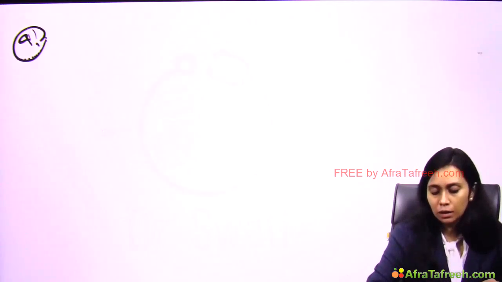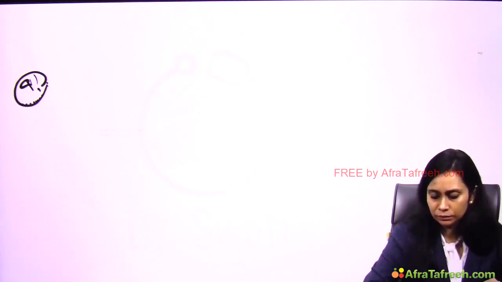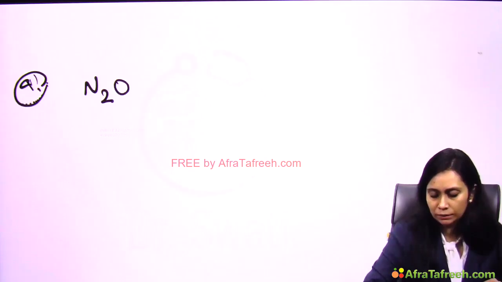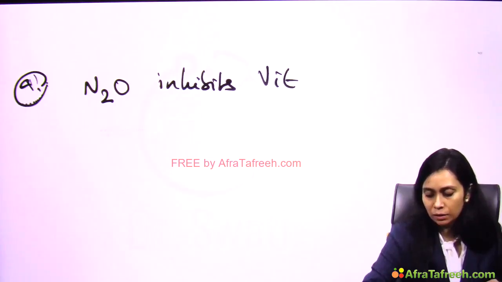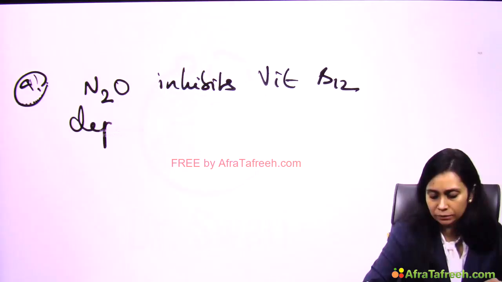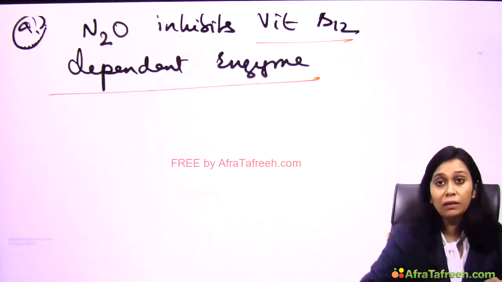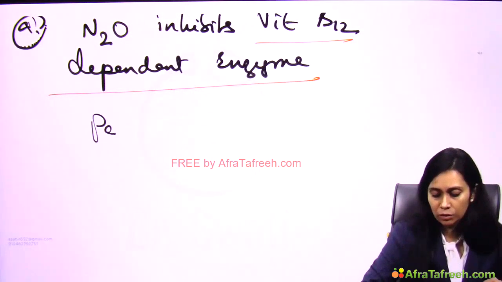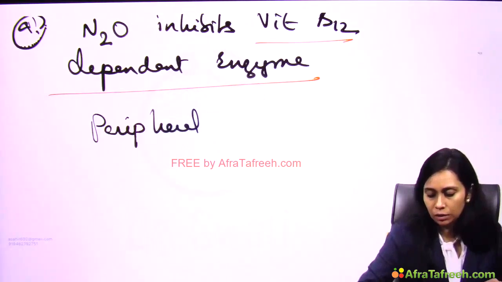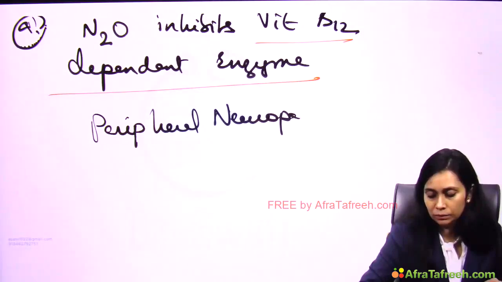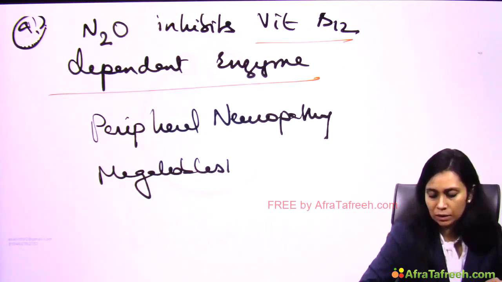Ninth point, nitrous oxide inhibits vitamin B12 dependent enzyme. So what will happen if vitamin B12 dependent enzyme is inhibited? Well, peripheral neuropathy and megaloblastic anemia.